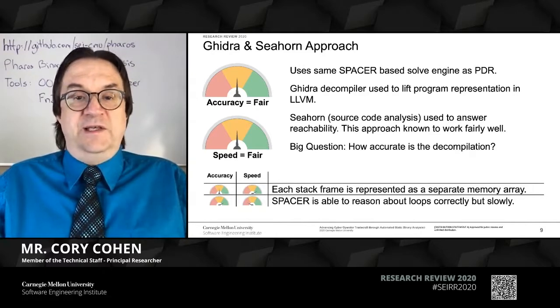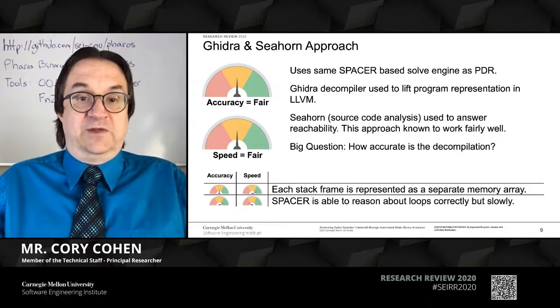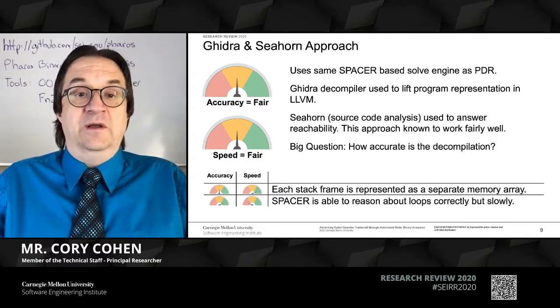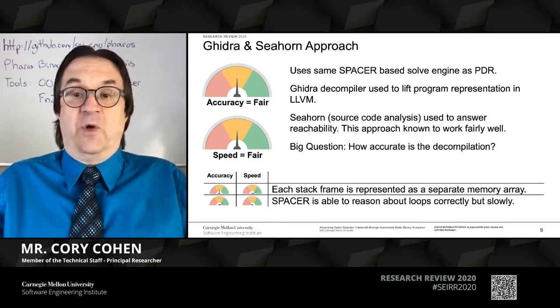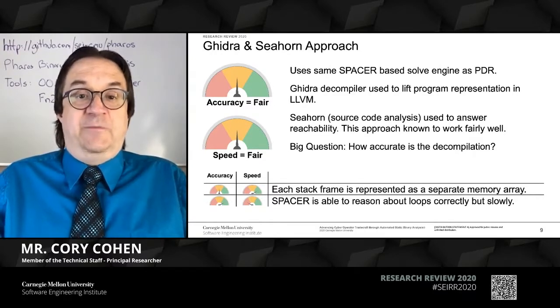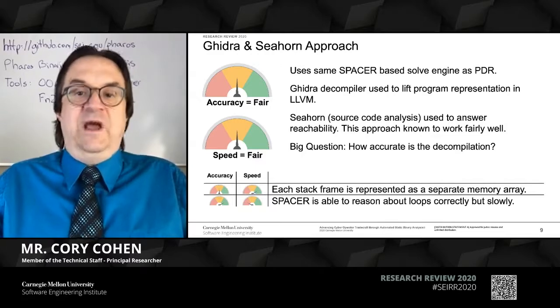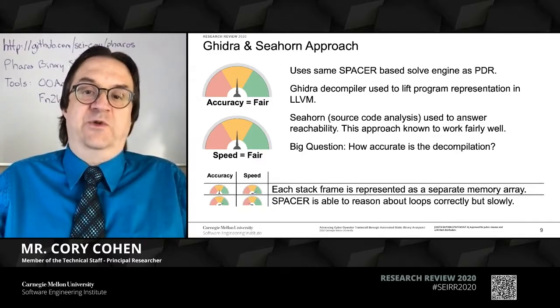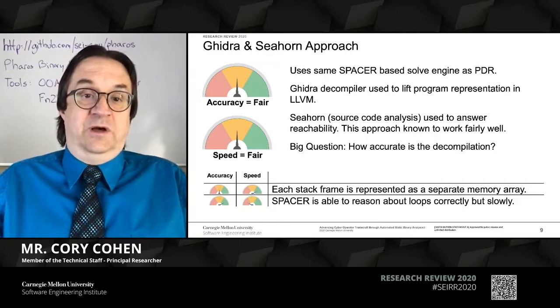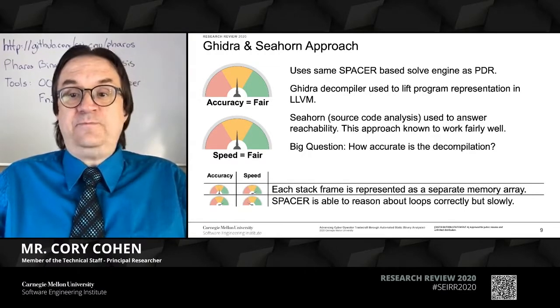So we had this idea that maybe if we could lift the problem to the same level of fidelity that the source code tool was already working on, that we would have a solution to our problems. So the idea was that we would use the Ghidra decompiler to produce something source code-like and lift that into LLVM and then invoke the SeaHorn source code analysis tool in order to get an answer for the reachability question.